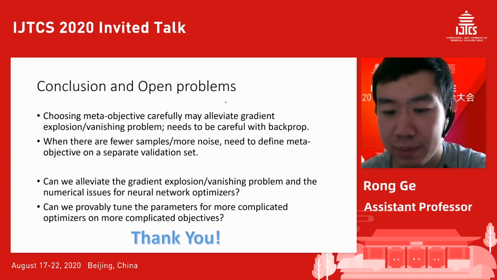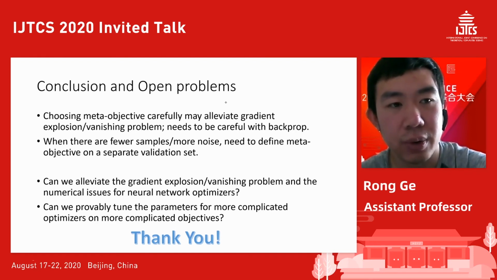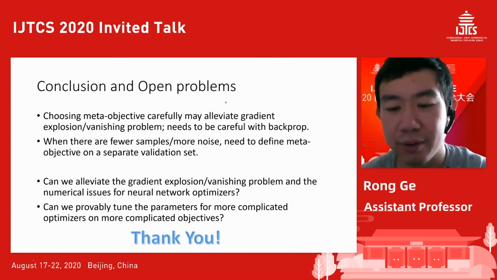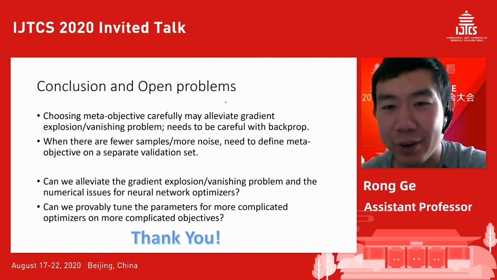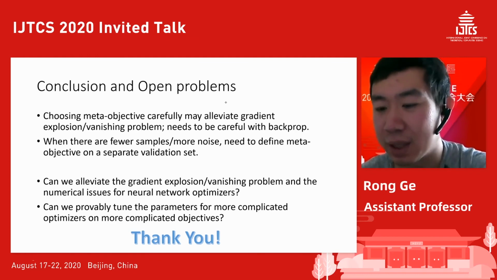Okay. So the third question is, is meta gradient optimization good for adversarial defense? I think that really depends on how you define your meta objective. I would assume if you just naively define your meta objective as the original loss function, that probably is not going to do anything in terms of adversarial robustness.